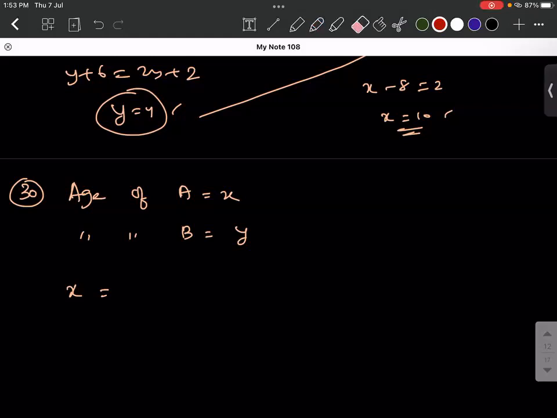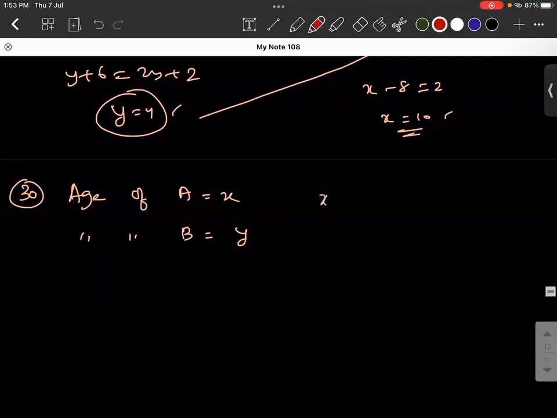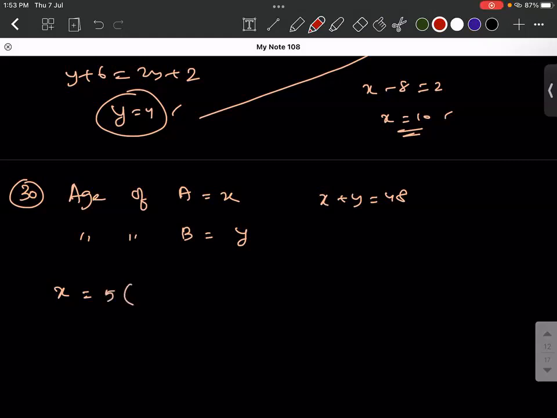So second one is easy. x plus y is obviously 48. My present age is 5 times that age when I was as old as you are now.